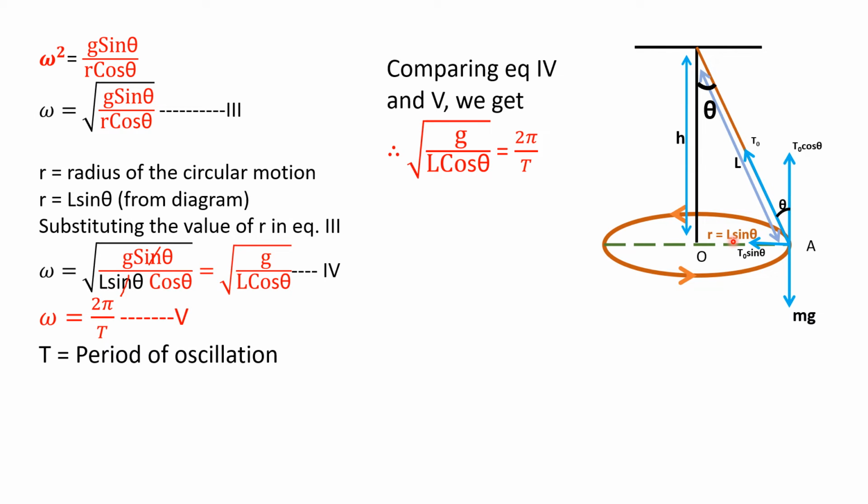Comparing these two equations 4 and 5, we can write the equation as square root of g upon L cos theta is equal to 2 pi upon T. From this equation, we can get the value of T, that is the period of oscillation, is equal to 2 pi into square root of L cos theta upon g.